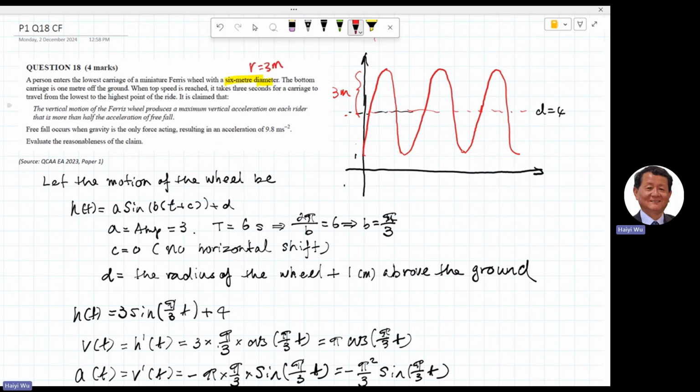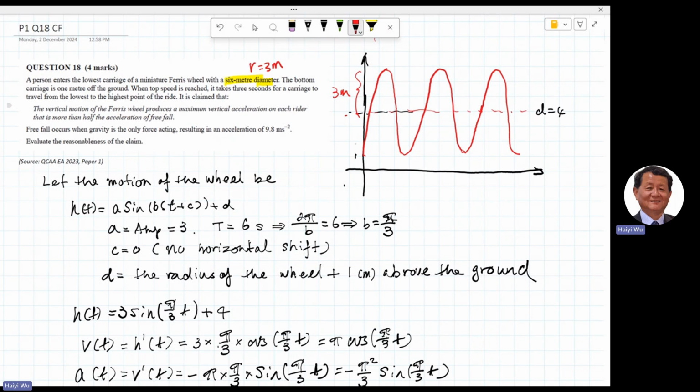The bottom carriage is 1 meter above the ground. When top speed is reached, it takes 3 seconds for a carriage to travel from lowest to the highest. So we have the time taken from lowest to highest as 3 seconds.